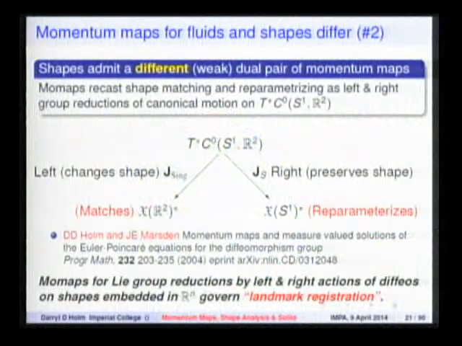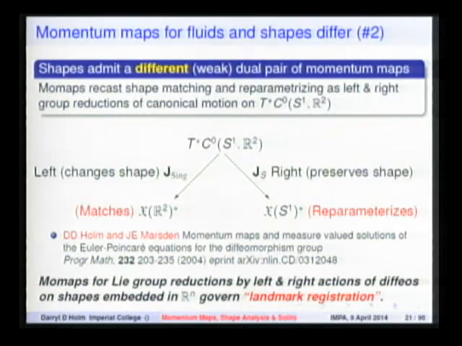On the other side, the right action acts on the parameterization of the closed curve. It just reparameterizes. It doesn't change the shape. It allows you to do any reparameterization. And the nice fact about it is that the left and right actions commute, so you can be reparameterizing as you go along.